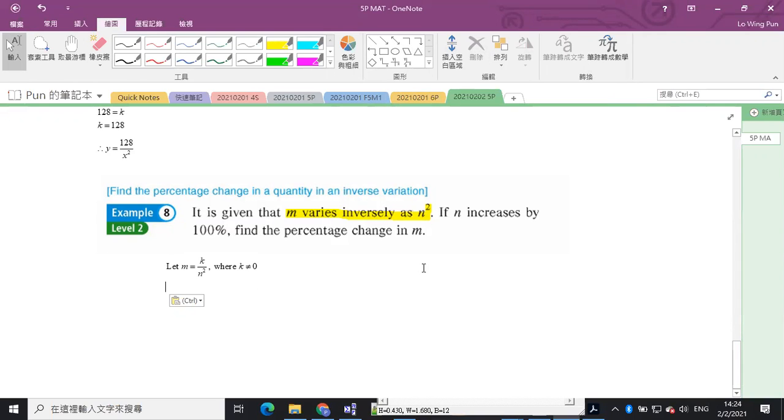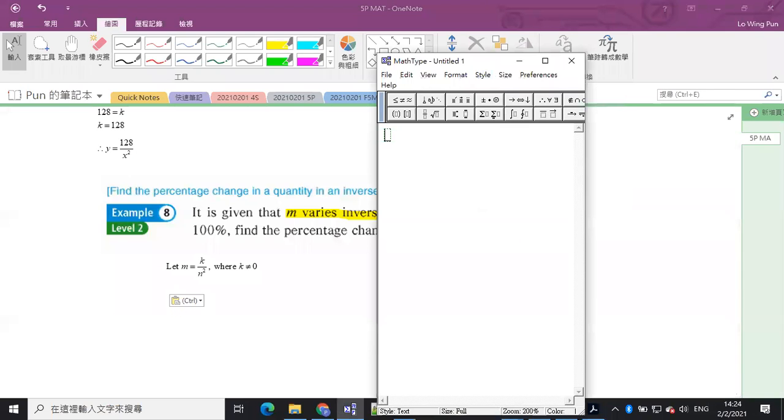Okay, and this time it is about percentage change. So we have the old value of m and n first. The old n is equal to n, and then the old m is equal to m.